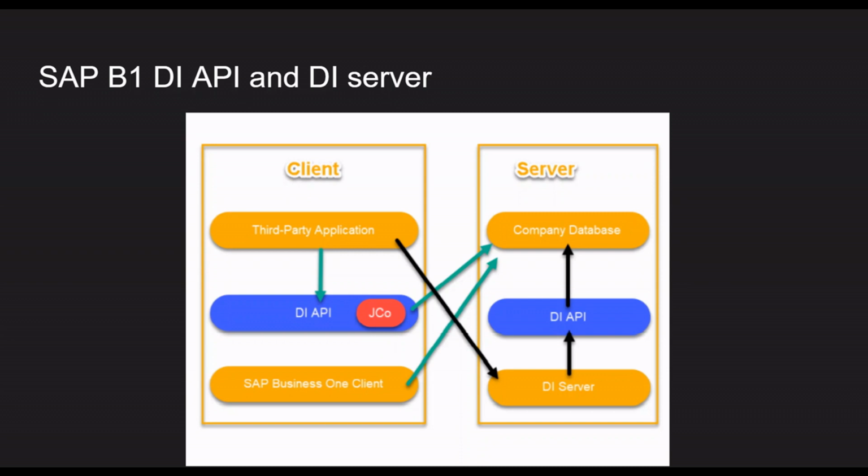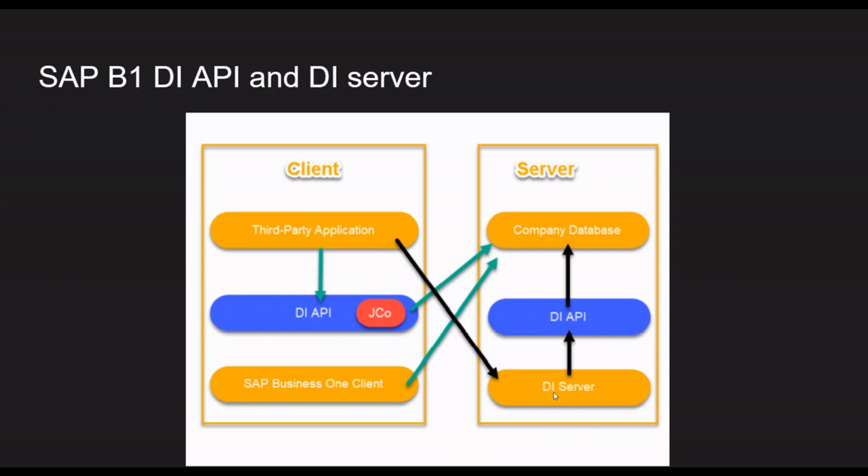And you can use it as a third-party application. You can use the DI API as it is, so you don't have to change anything. And you can use a compatible development tool like Microsoft Visual Studio for the development.